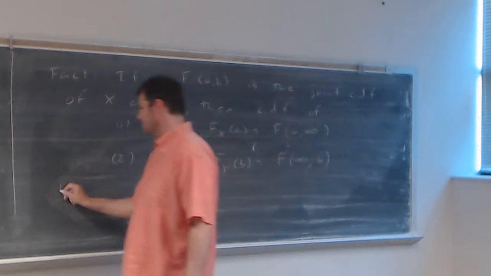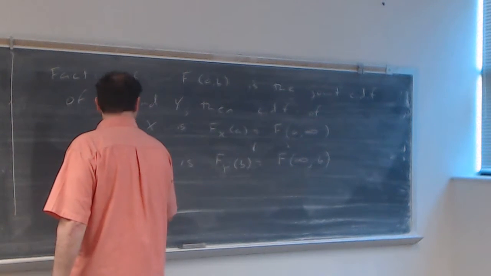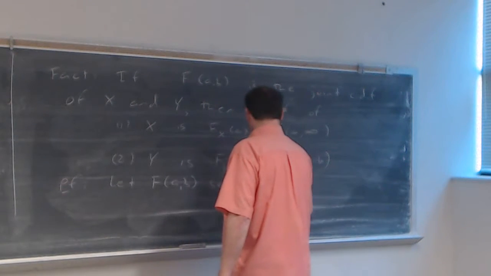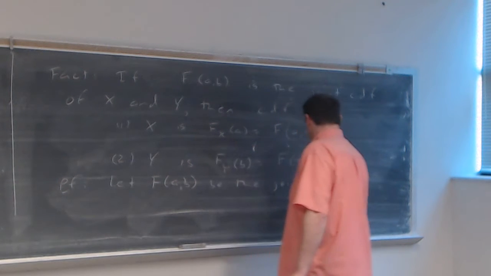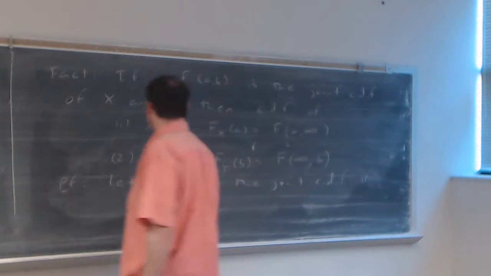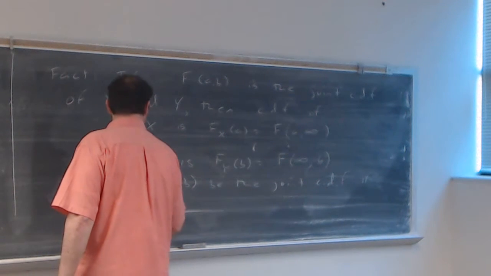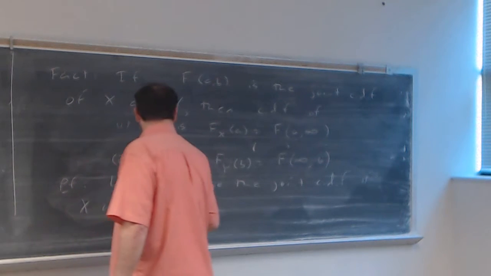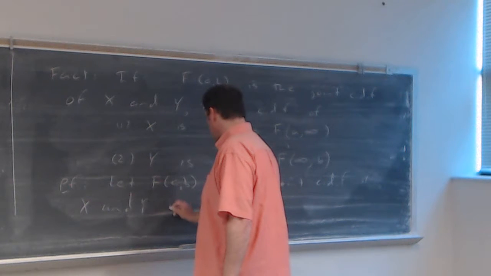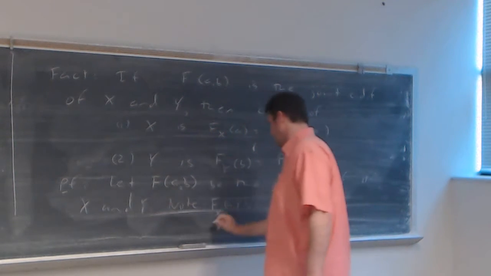So here's the proof. Analogous, and I'll do both of them. We're going to let F(a, b) be the joint CDF of X and Y. Note F sub X of a.